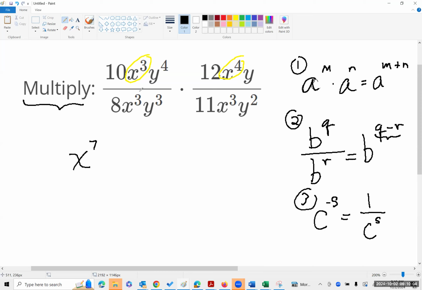I'm ignoring the 10/8 and the 12/11 just for a minute. Then I've got the y to the fourth and the y, remembering that there's a 1 up here. So that's a y to the fifth.